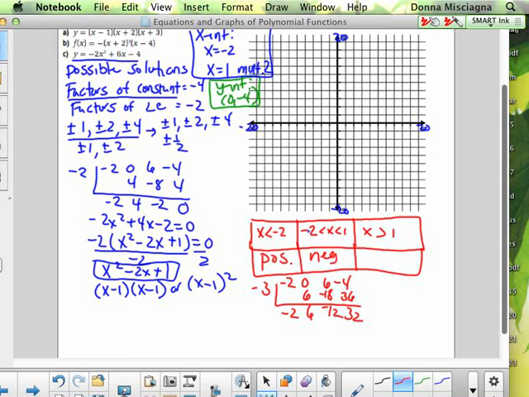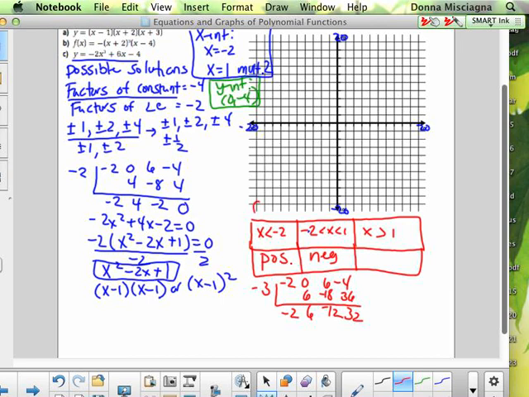And the only other value to check would be a negative 1. Let's just mentally check the negative 1, because that's a pretty easy number to figure out in your head. Negative 1 cubed is negative 1 times the negative 2 is a positive 2.